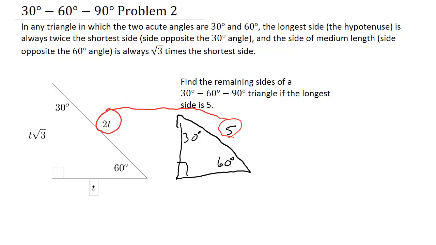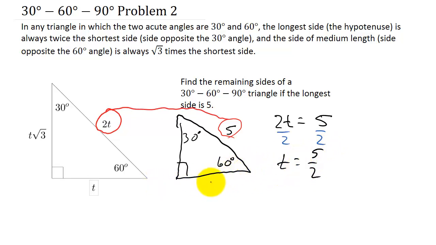So what we're going to do here is take 2t equals 5. And what this allows us to do is divide both sides by 2, and that will give us t equals 5 halves. So here is the length of the shorter side.